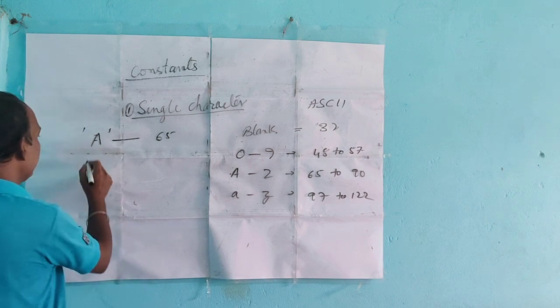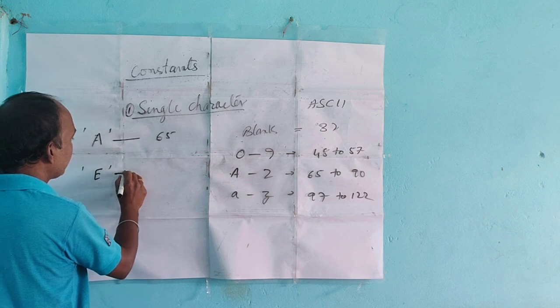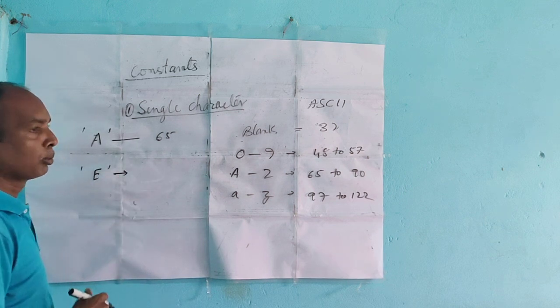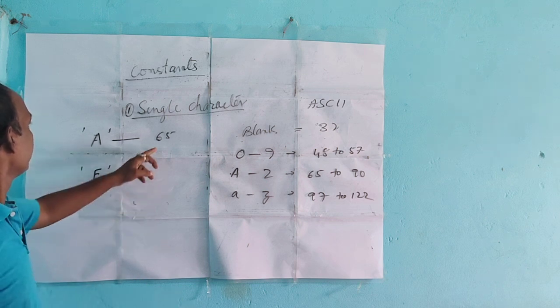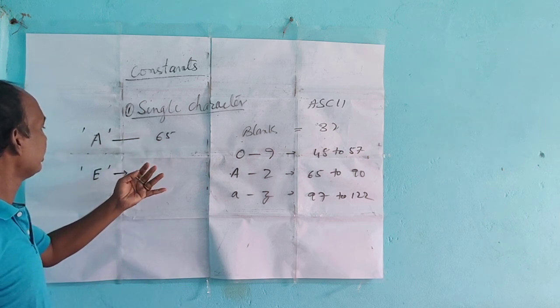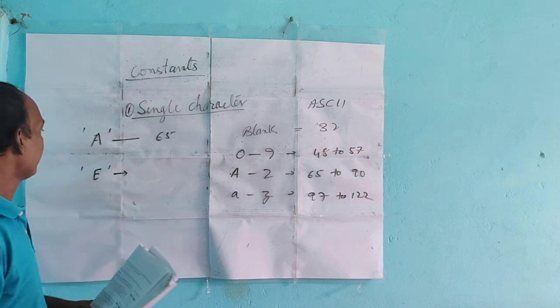If we use E in single character constants, then you get the value 69: A, B, C, D, E is 65, 66, 67, 68, 69.